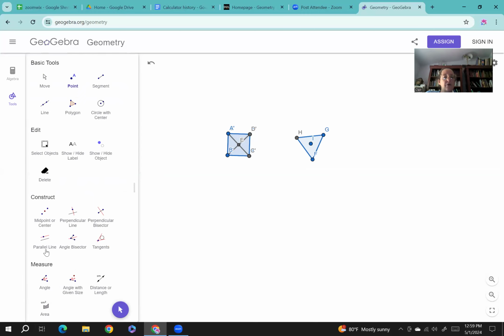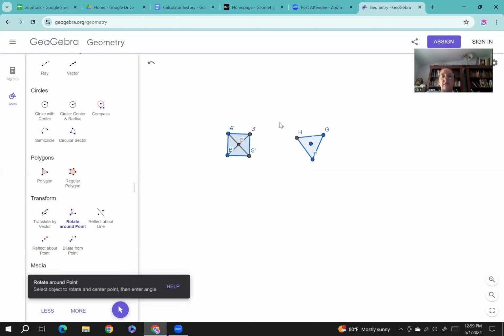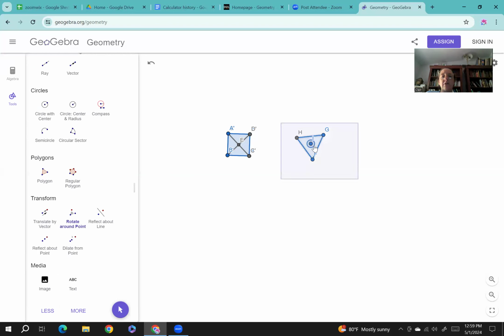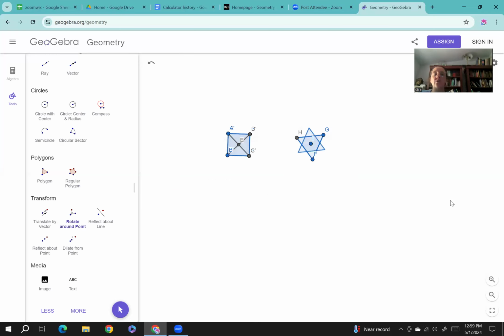And now we'll rotate this equilateral triangle around that point by 180 degrees. And we see that the equilateral triangle does not land on top of itself when we rotate 180 degrees, so it does not have half-turn symmetry.